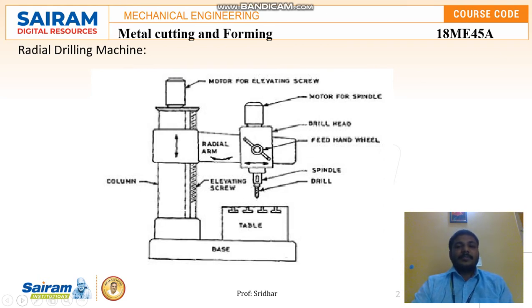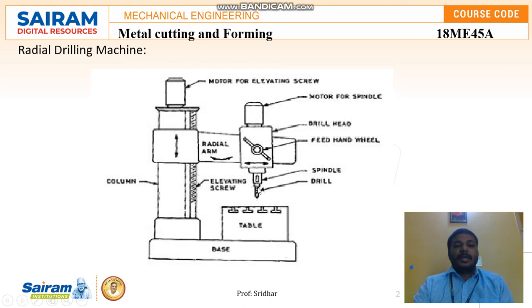By rotating the feed hand wheel, the drill bit comes closer to the workpiece, until we get the required depth of drilling, that is, the required depth and diameter. Until then, we can give the depth of cut with the feed hand wheel. This is how the radial drilling machine works. Compared with the portable drilling machines, larger diameters and greater depths can be processed using the radial drilling machine.